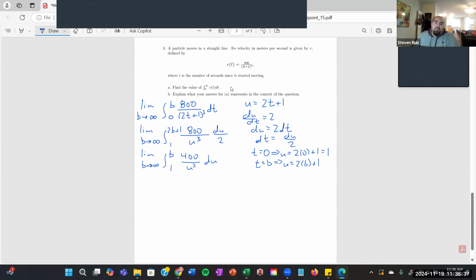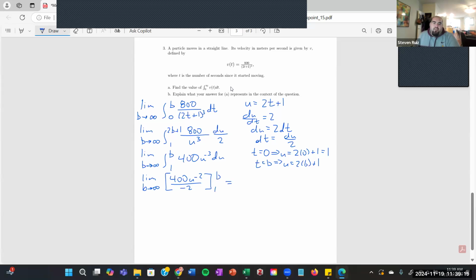Okay, so I have a good integral here. I think we're in a good place to actually find this antiderivative. So what is this antiderivative? We can use the power rule. In fact, why don't I just do that now? Set it up for the power rule: 400 u to the negative 3 du. So this becomes the limit as b approaches infinity of 400 u to the negative 2 over negative 2, evaluated from 1 to b.